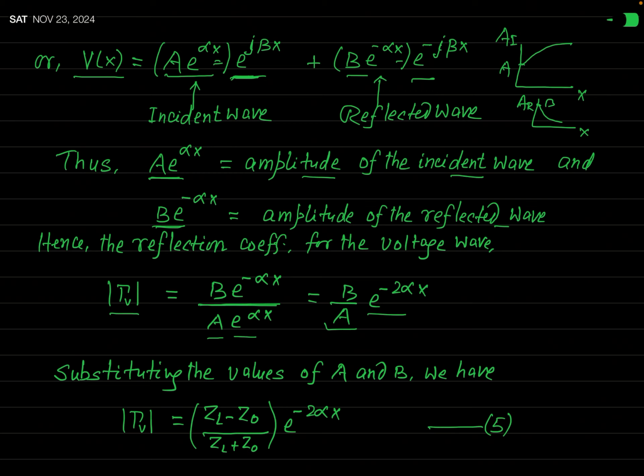But you have seen what the values of A and B are. We have seen that A is equal to IL over 2 times ZL plus Z naught, sorry, not minus but plus, and B is equal to IL over 2 times ZL minus Z naught.